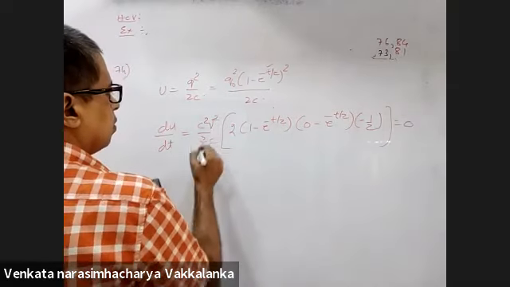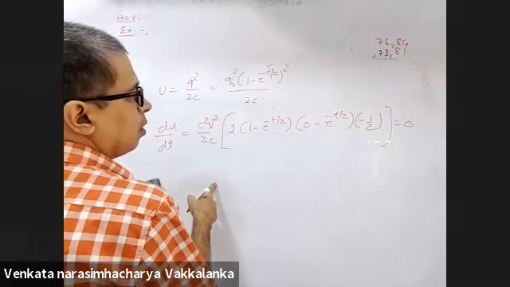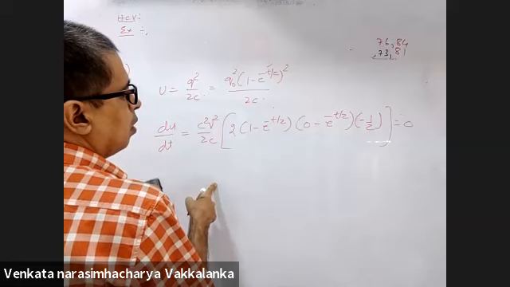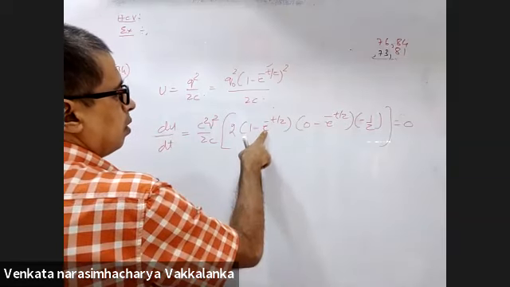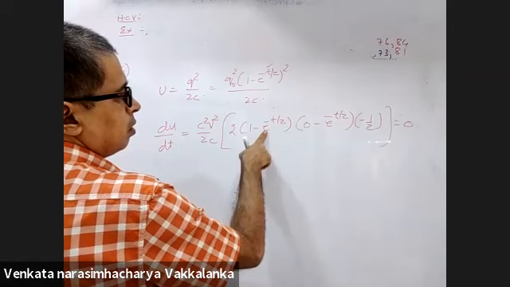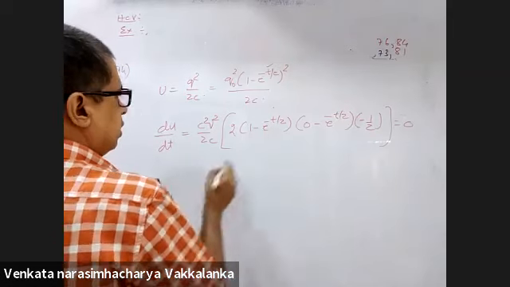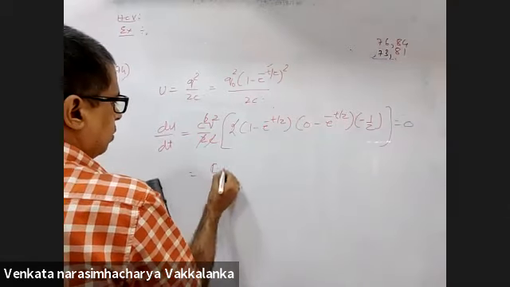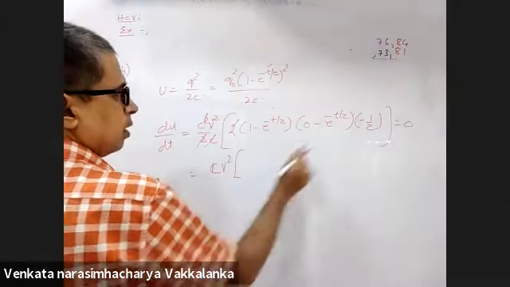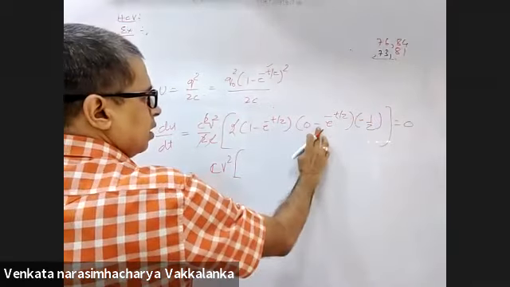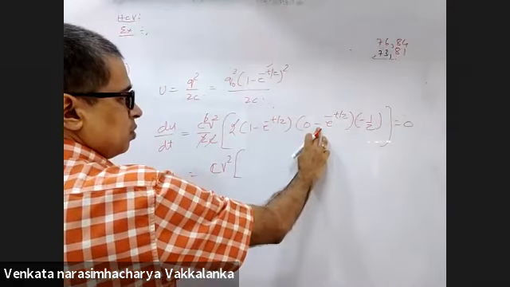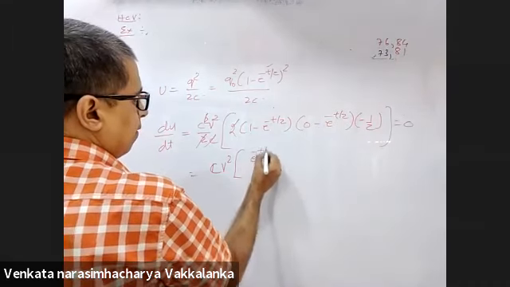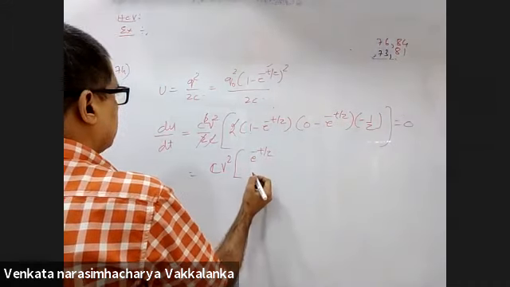But there's a minus sign outside both the e raised to x terms, and it's 1 minus e raised to minus t by tau into e raised to minus t by tau. CV square, this minus sign and this minus will become plus. We'll have to differentiate this once more and equate it to 0.